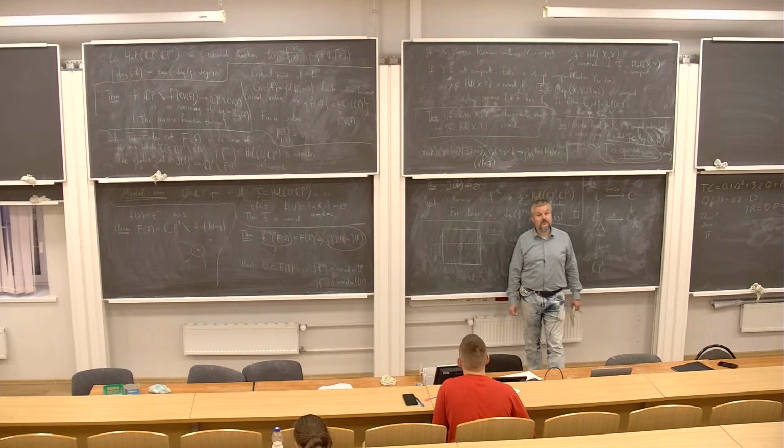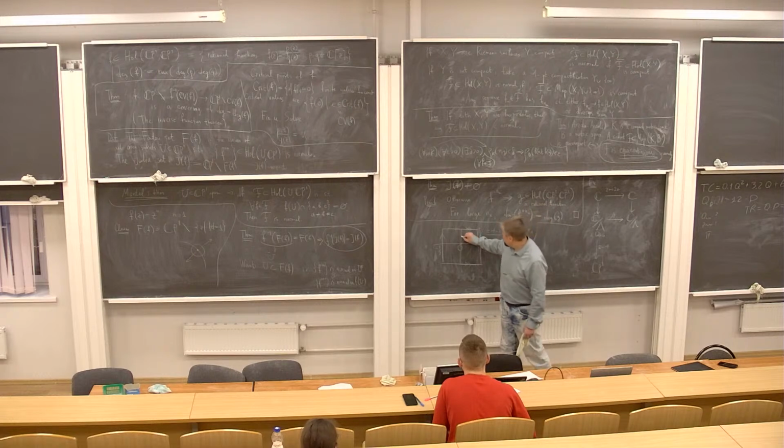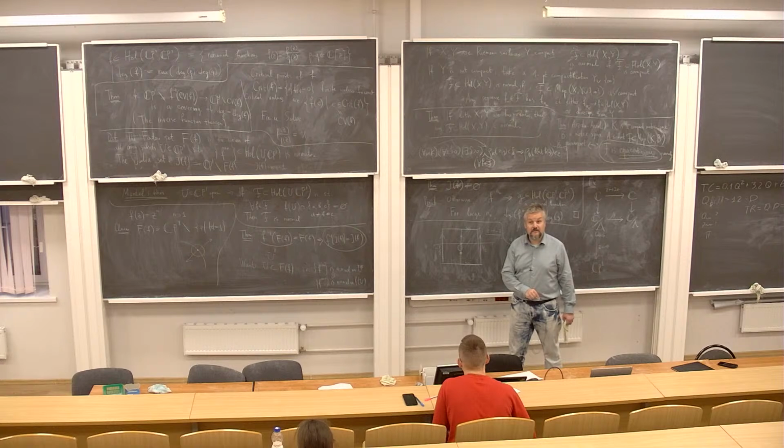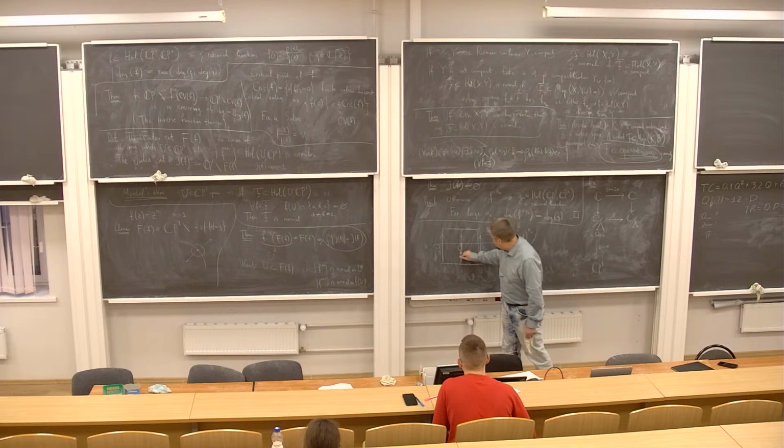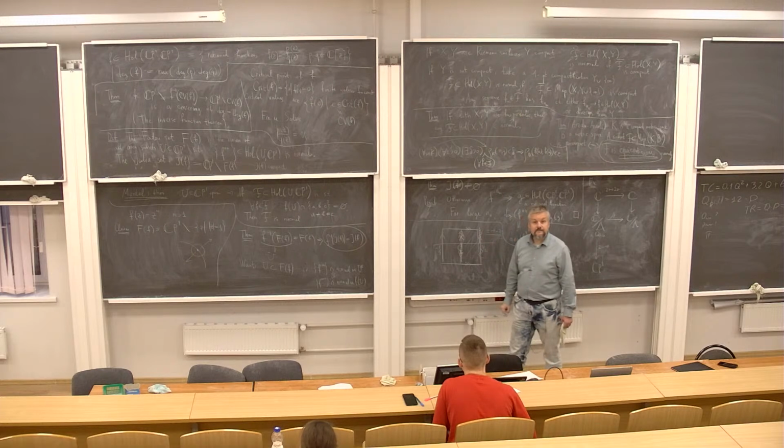The only thing we need to do is to identify some points on the boundary, namely, there is a point z here on the boundary which should be glued with the point minus z here. That means that this side should be glued with this side, and similarly this side should be glued with this side.